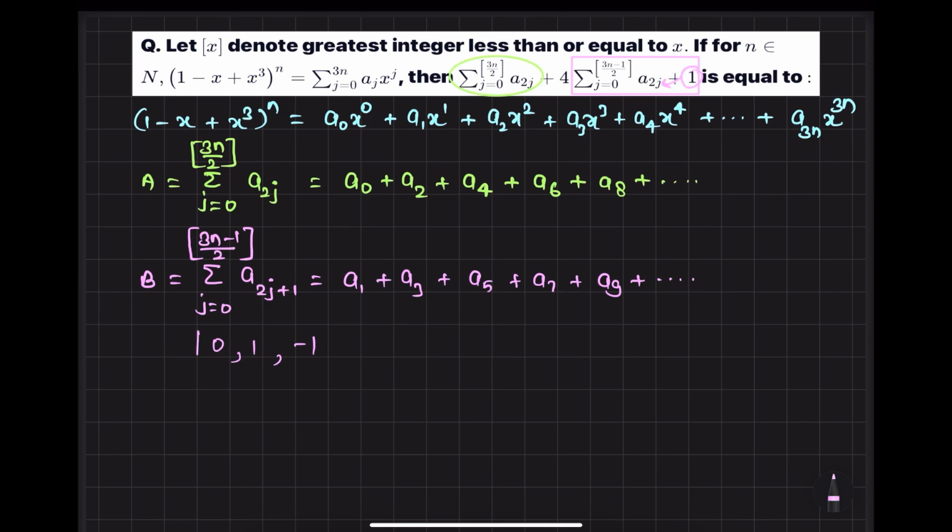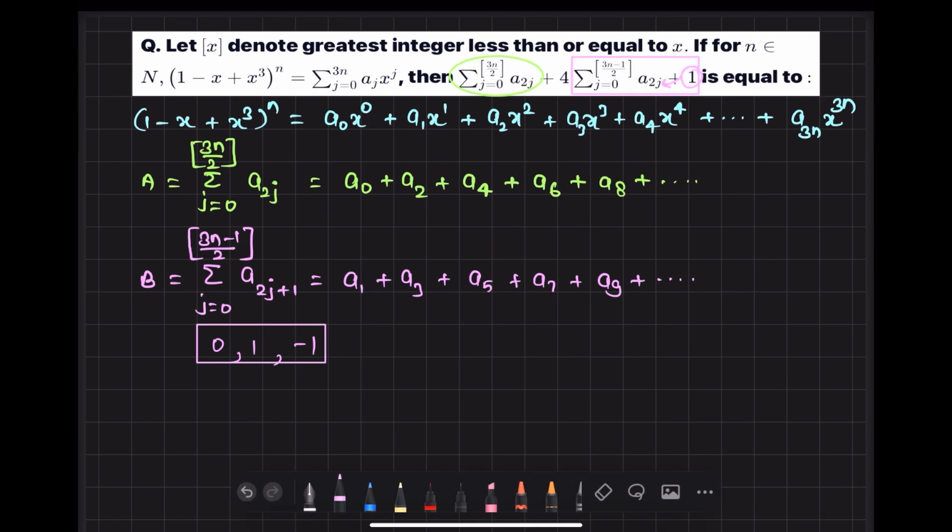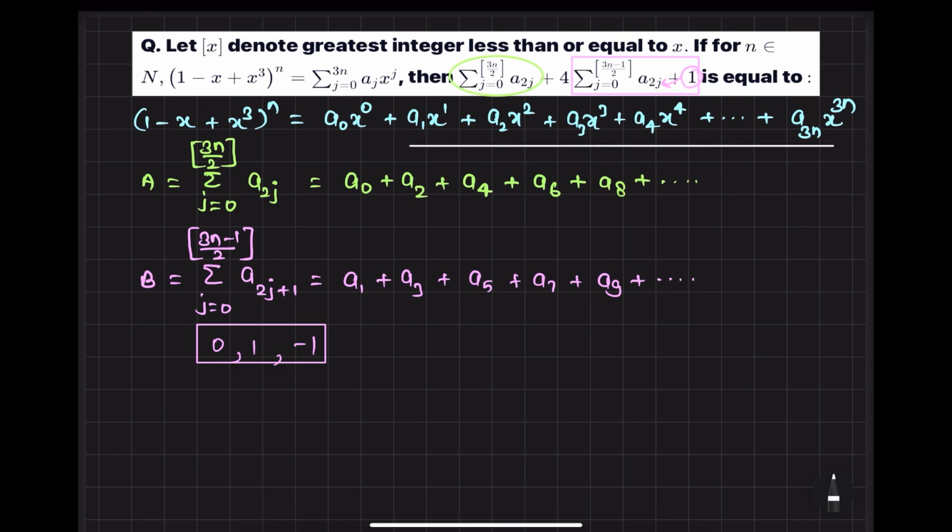Now suppose we take help of 0. If in place of x you write 0, these things will vanish and you will have only a0. But we want the sum of all even lower subscripts, so we cannot use 0 because it provides only one thing. So I will put x equals 1.